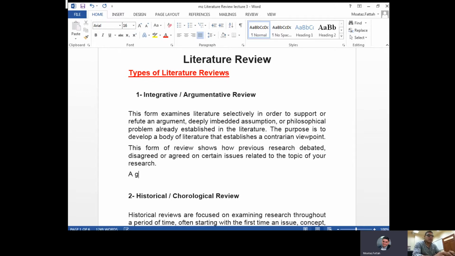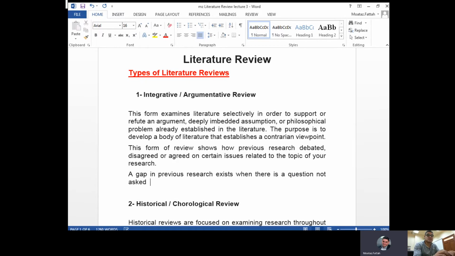So a gap exists in previous research when there is a question not asked or asked but not examined.